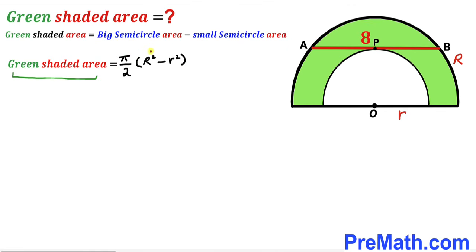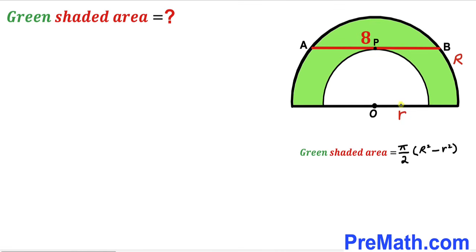So now our task is to find the value of uppercase R square minus lowercase r square. Here's our next step. I am going to connect this center O with this point of tangency P. Now we can see this OP is the radius of the smaller semicircle, and I'm going to label this one lowercase r.